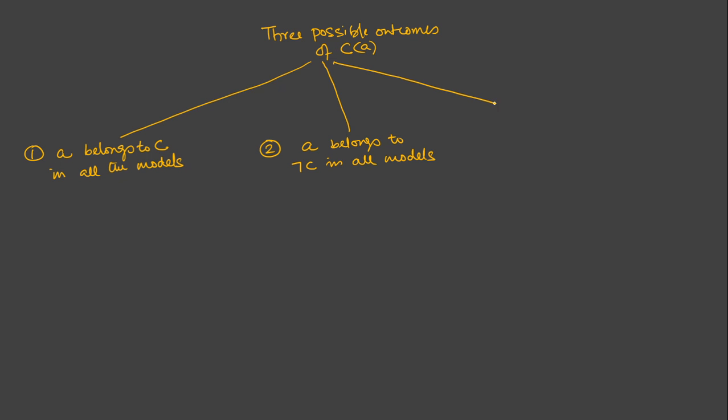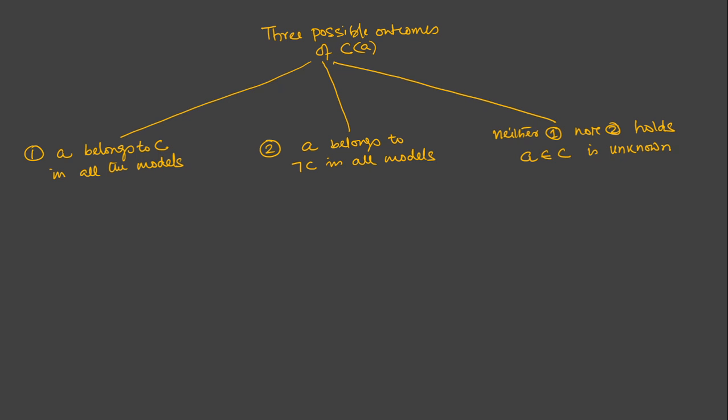And the third case is basically neither 1 nor 2 holds. So you are saying that the state of the fact that a belongs to C is unknown. We do not know this.